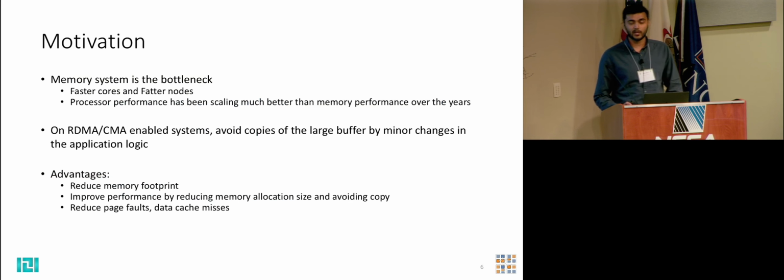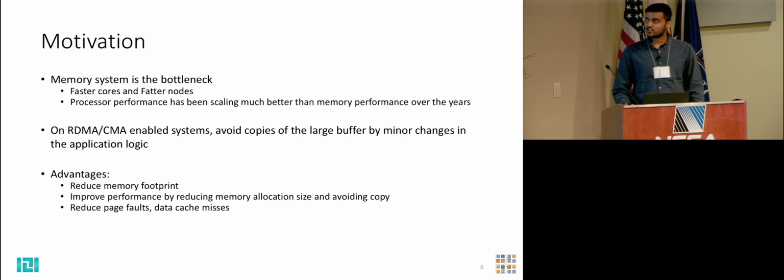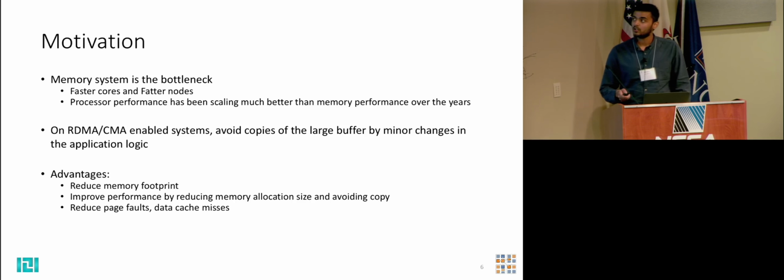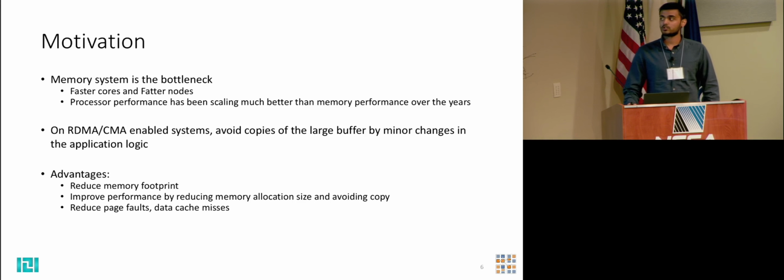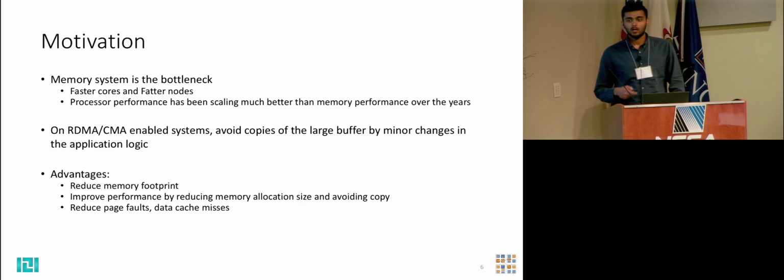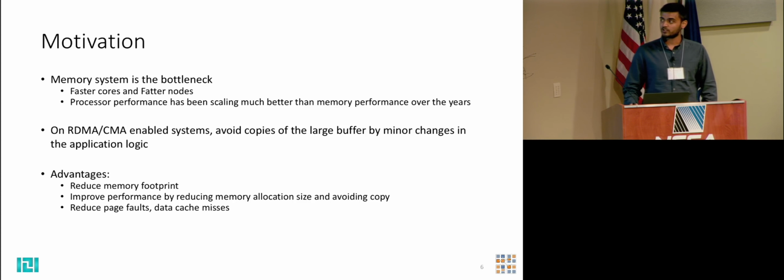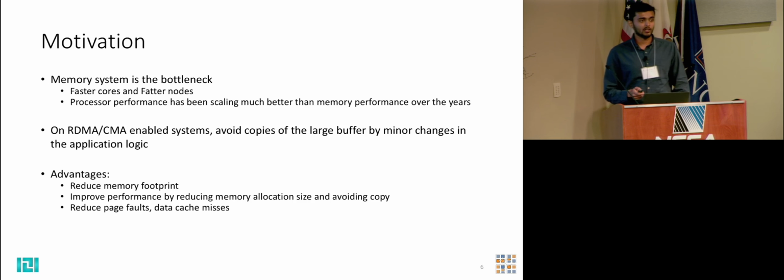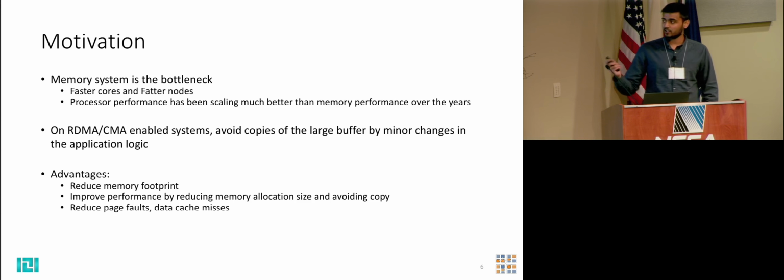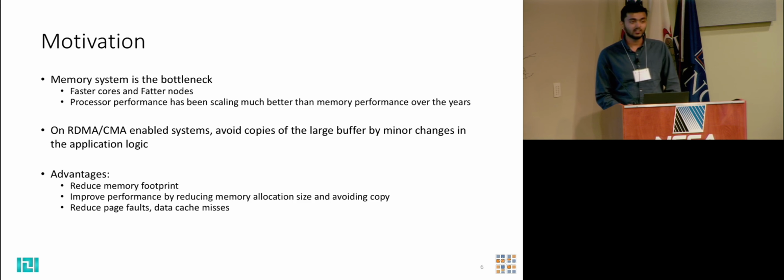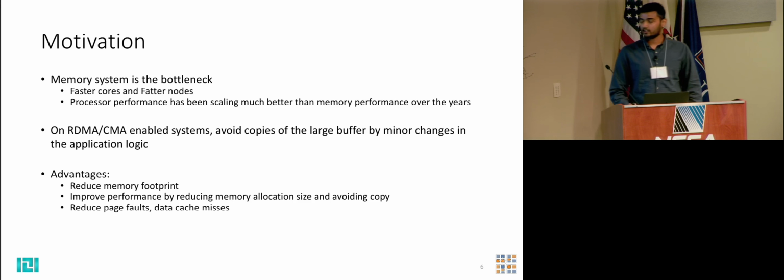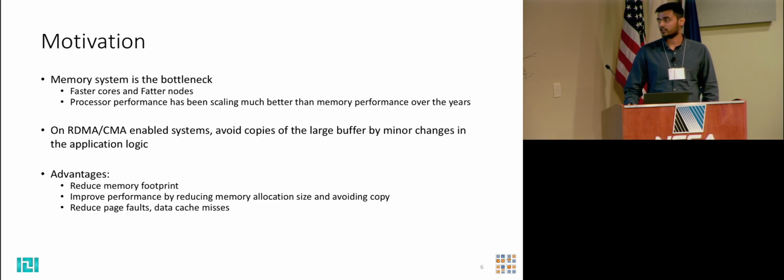and the motivation for needing a zero copy API is primarily that memory subsystems are what are causing bottlenecks in a lot of applications which are dealing with large messages, and we want to avoid that by using RDMA or CMA on enabled systems in order to slightly change the application logic a little bit and save on these copies and have advantages like reduced memory footprint and avoid larger allocations and avoid the copy.